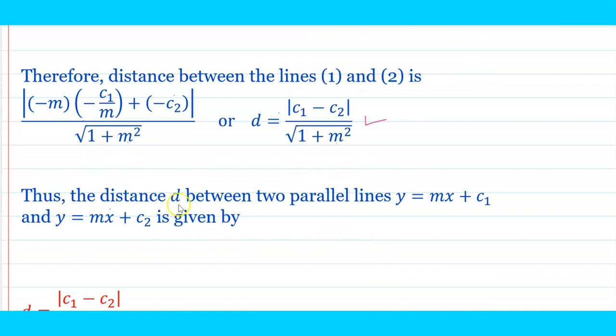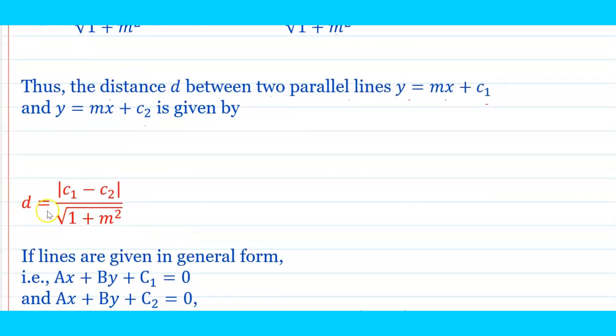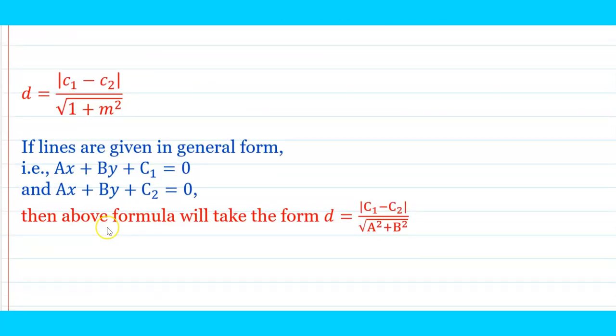Thus the distance d between the two parallel lines y = mx + c1 and y = mx + c2, when they are in this form, is given by d = |c1 - c2| over the square root of 1 + m squared.